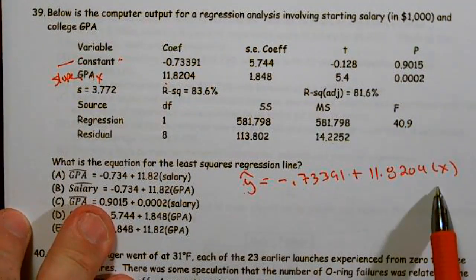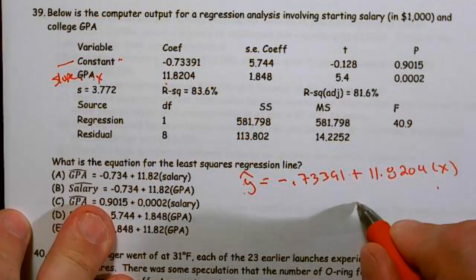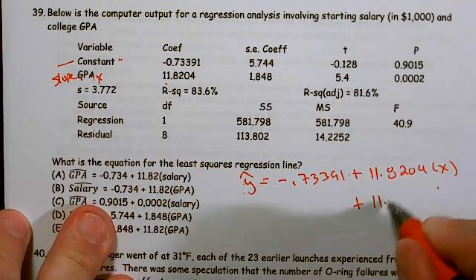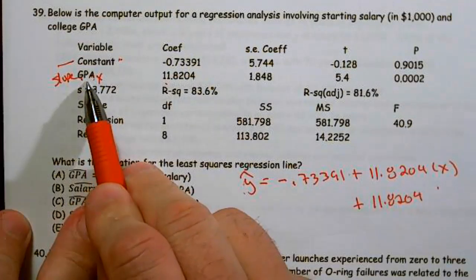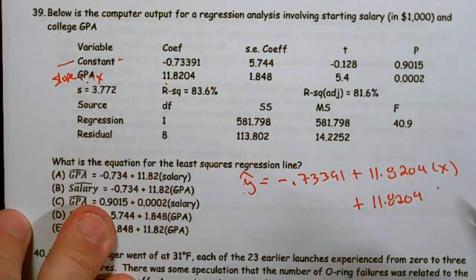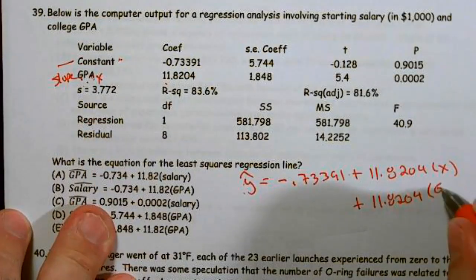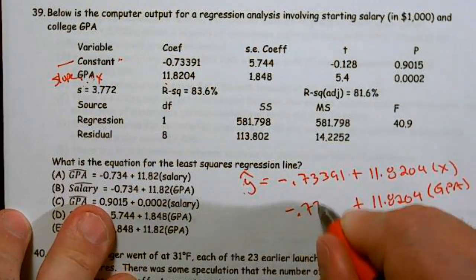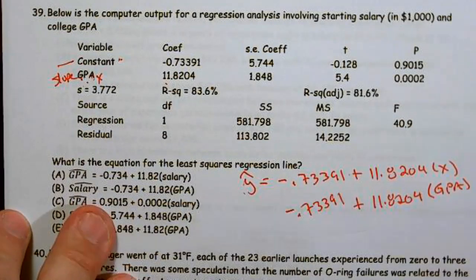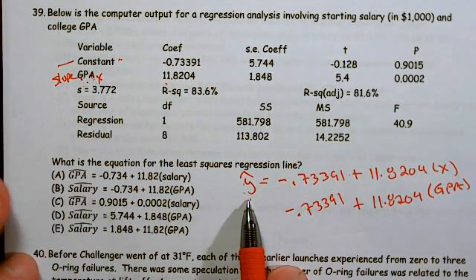Now, one of the really cool things about this is you can write it like this, but then you have to define x and y. On the other hand, I can come back and say, they told me right here by putting that label there that this is x. So GPA is my x, and I know I have a negative 0.73391. So what's my y hat?